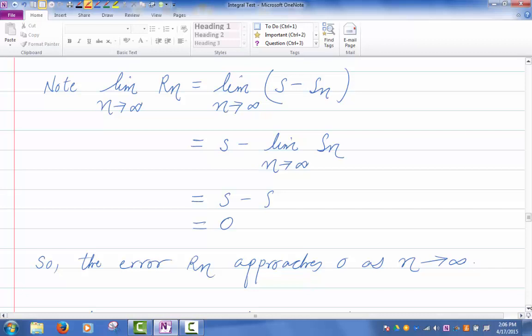Which means by picking n big enough, we can get a good approximation of the sum of the series. However, that's not good enough. I need to know if I can quantify the error. How big my error will be if I use only the first 20 terms. How big my error is. So I have to do that.